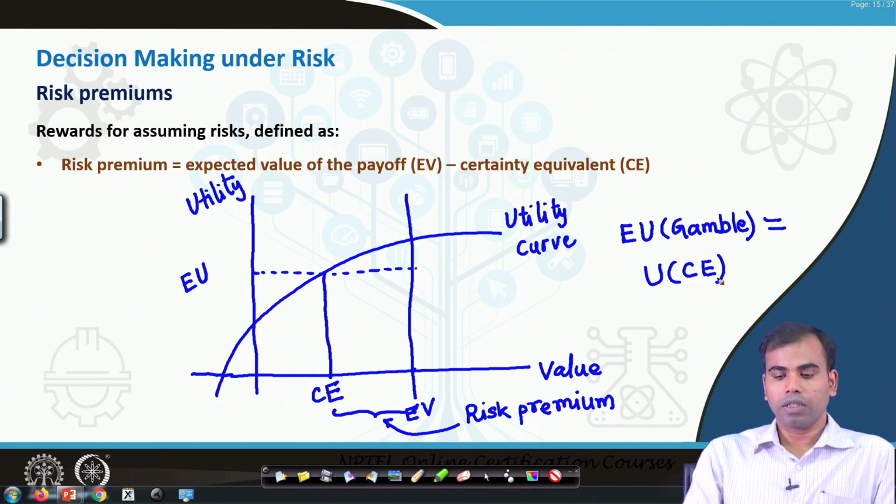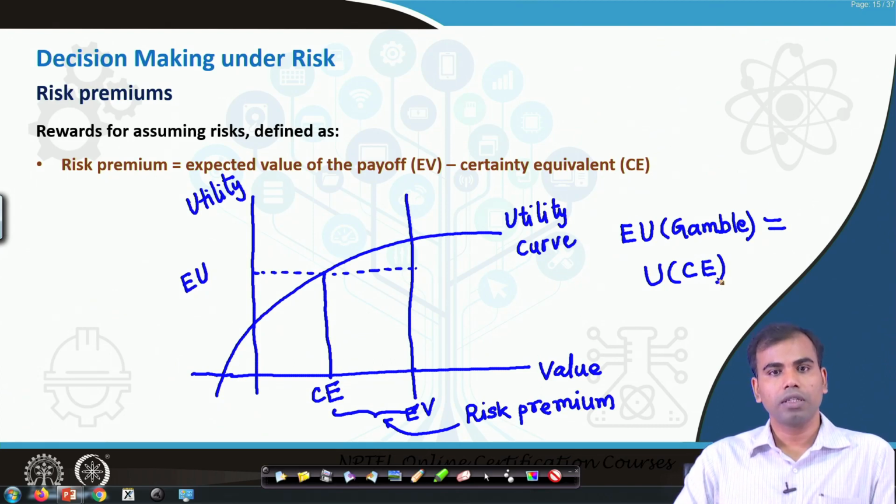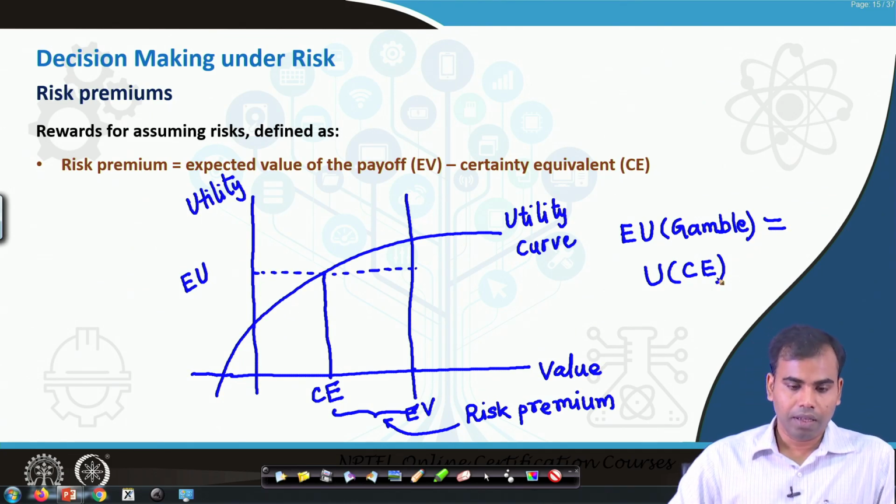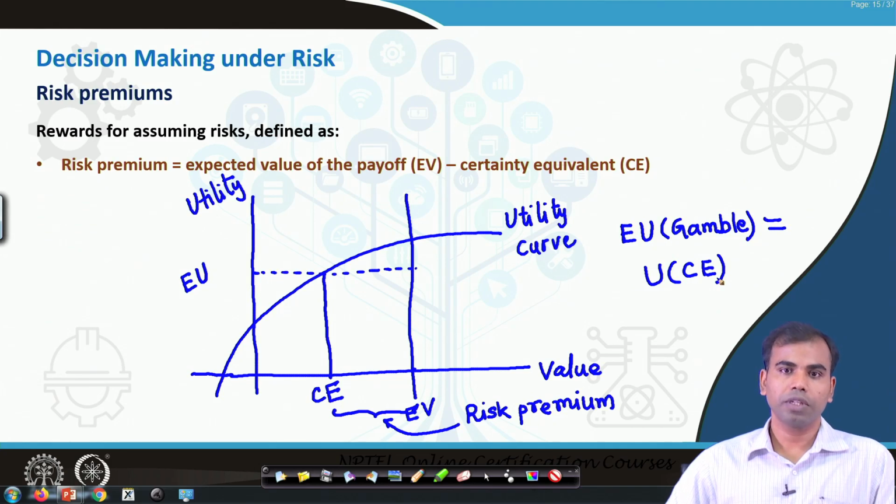This is where the relationship between the expected utility of a risky choice and the utility of a sure shot gain can be connected. This particular point is known as the certainty equivalent, and anything over and above this point that you are demanding is basically the risk premium for taking the additional risk in your decision making. This illustration can be shown with the help of another numerical example that I have here.